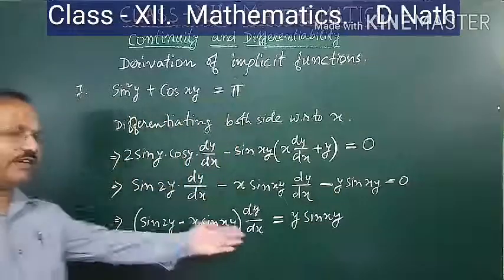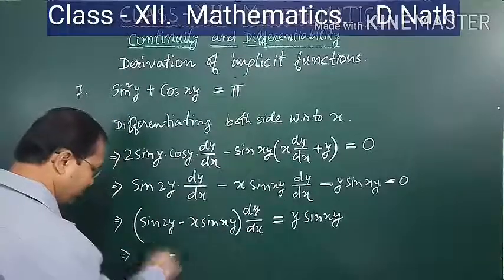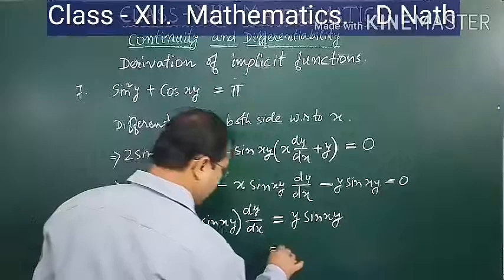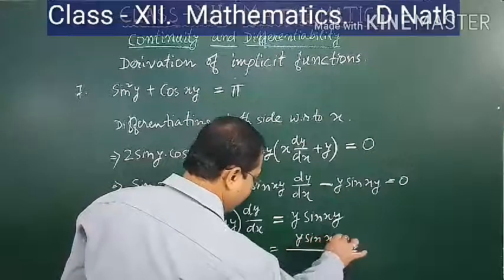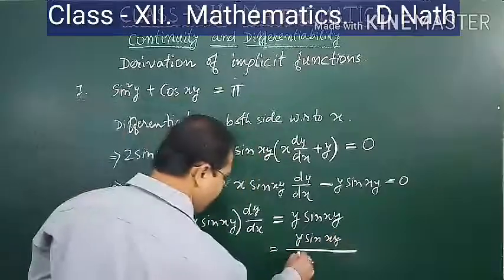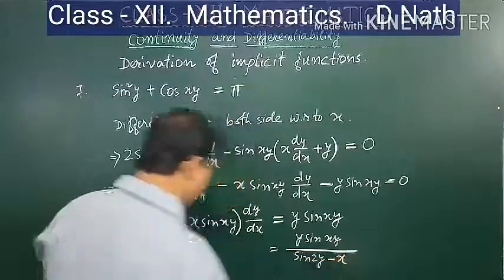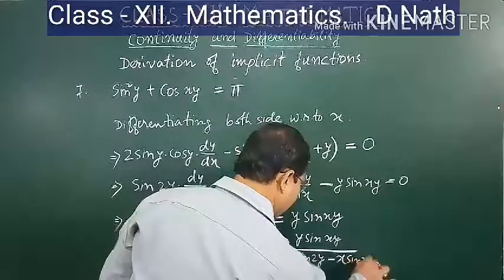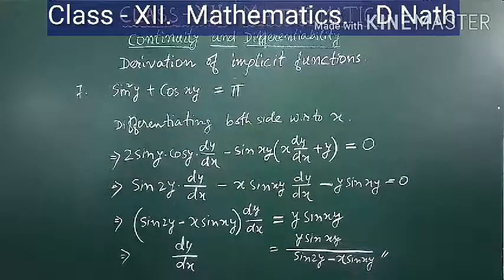Now dy/dx you can find, this will be divided, so this implies dy/dx is equal to y sin xy by sin 2y minus x sin xy. So this will be the differentiation of this equation. Okay, but is it clear?